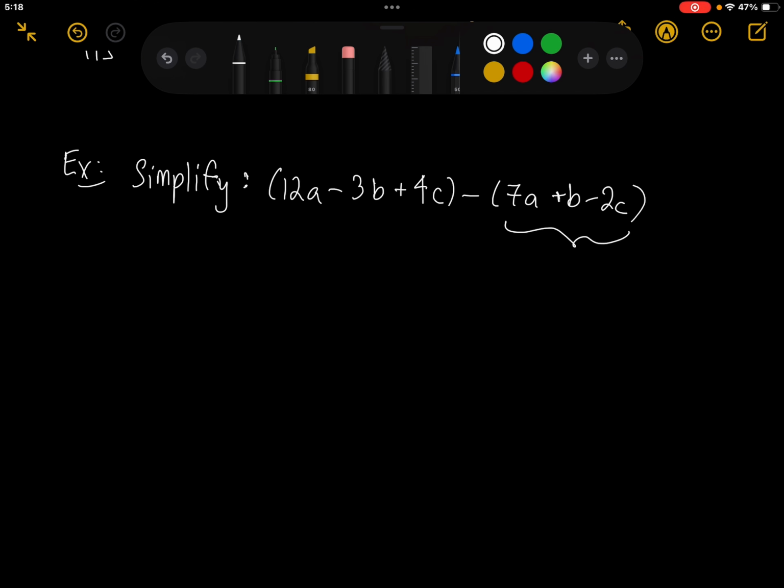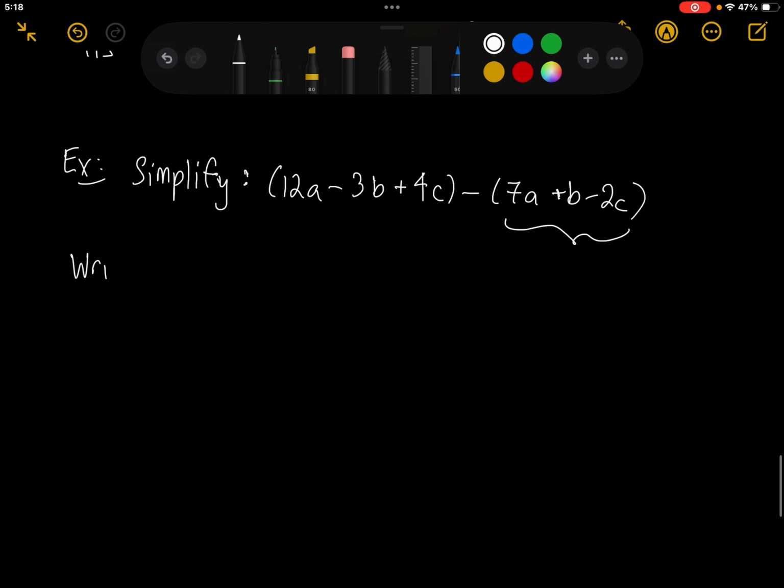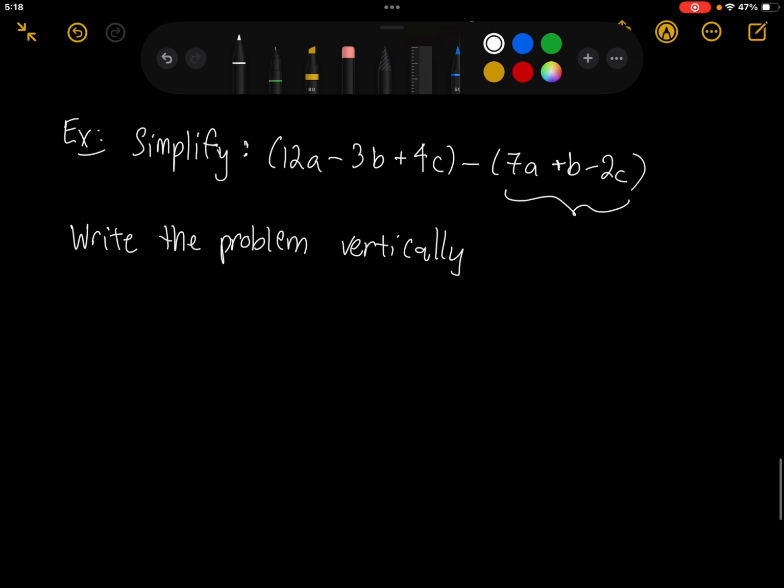So let's write the problem vertically like this. 12a minus 3b plus 4c minus parentheses 7a plus b minus 2c. Notice that I'm lining up the a's, b's, and c's.